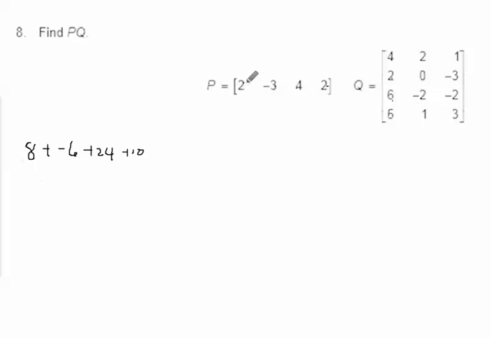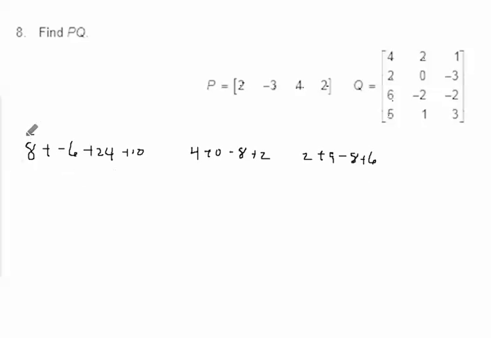Next row over. 2 times 2 gives me 4. 3 times 0 gives me 0. 4 times negative 2 gives me negative 8. 2 times 1 gives me 2. Next row over. 2 times 1 gives me 2. Negative 3 times negative 3 gives me a positive 9. 4 times negative 2 gives me a negative 8. And 2 times 3 gives me a 6.